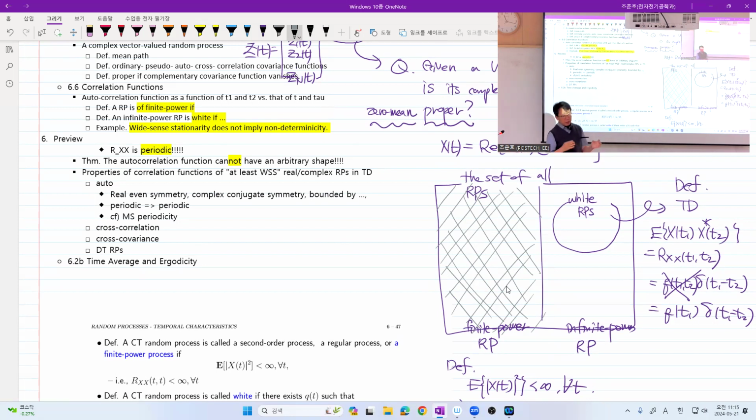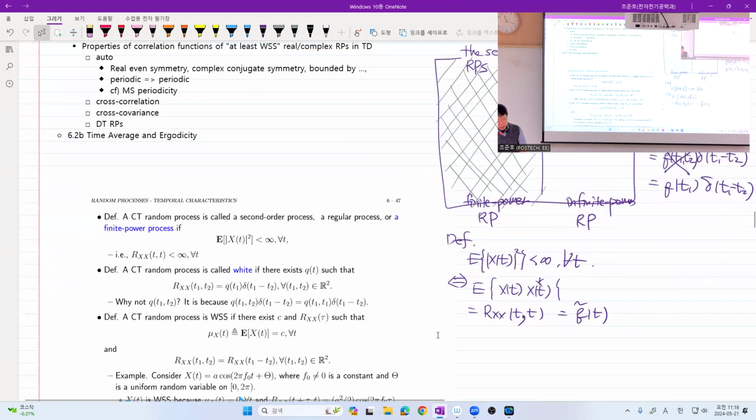So if I'm not teasing you in the final exam, probably I will never ask you what will happen about the autocorrelation functions in this subset. Usually, I will ask you what happens on the correlation functions here when you are given finite power random process or finite power random processes. Got it? So that's why last time we defined the finiteness first.